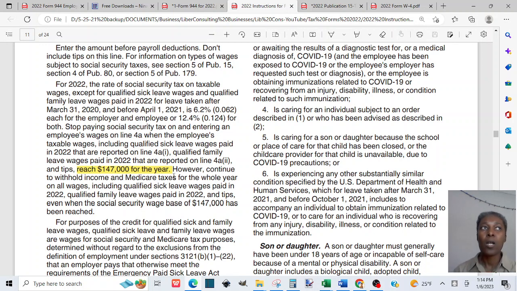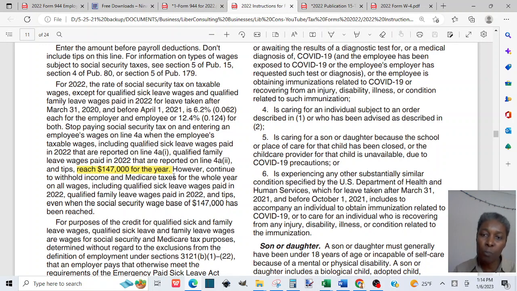So if you, the officer of your business, will pay yourself more than 147,000, you need to track the payroll in a way that you can track the cumulative of how much you are paying yourself. When you reach that $147,000 limit, you will stop withholding social security tax from your income, and your business will stop contributing social security tax to that income past that 147,000.